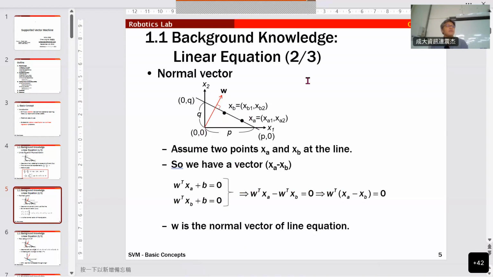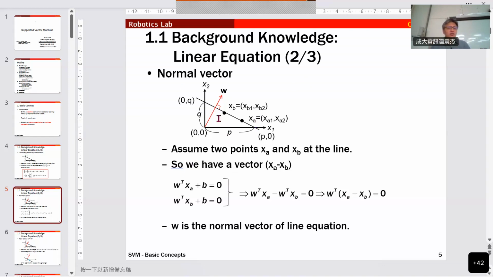This is w, this is L. So w controls the rotation. If you fix the rotation, L will shift by the translation. Here they try to explain it in another way.